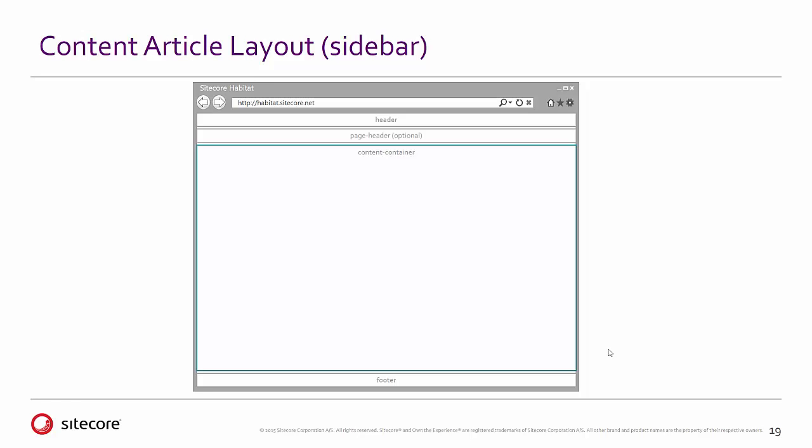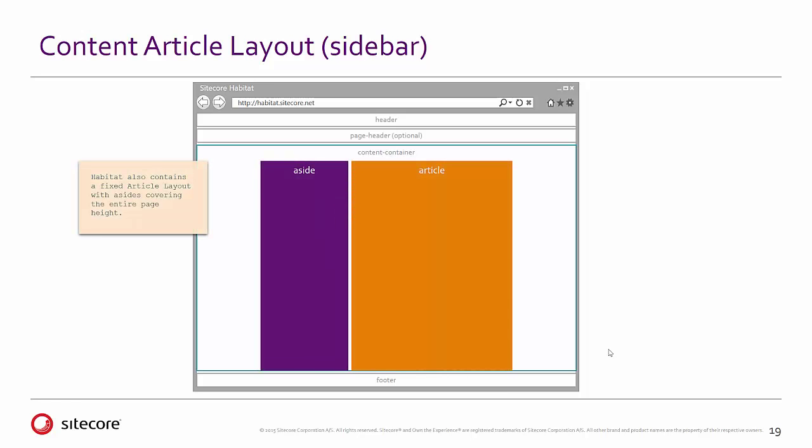We have some specific article layouts, so this is more of a semantic SEO specific setup. So if you have an article page, like a news article or just a content article, then we can use these asides and article layouts so that we mark them up specifically as articles.